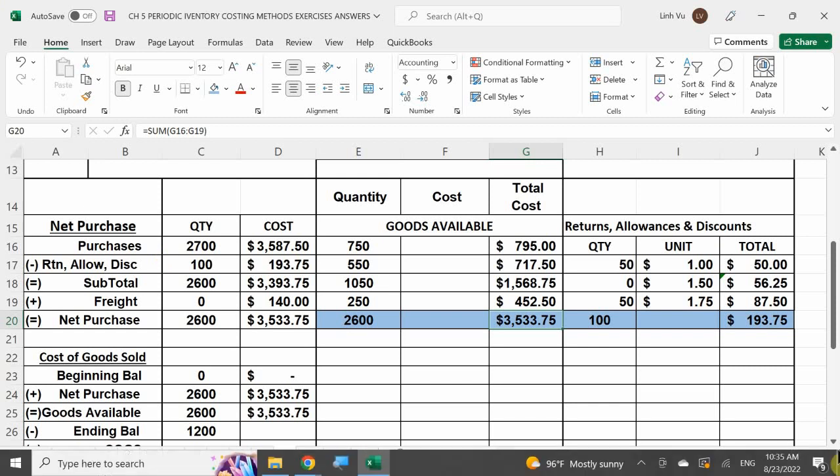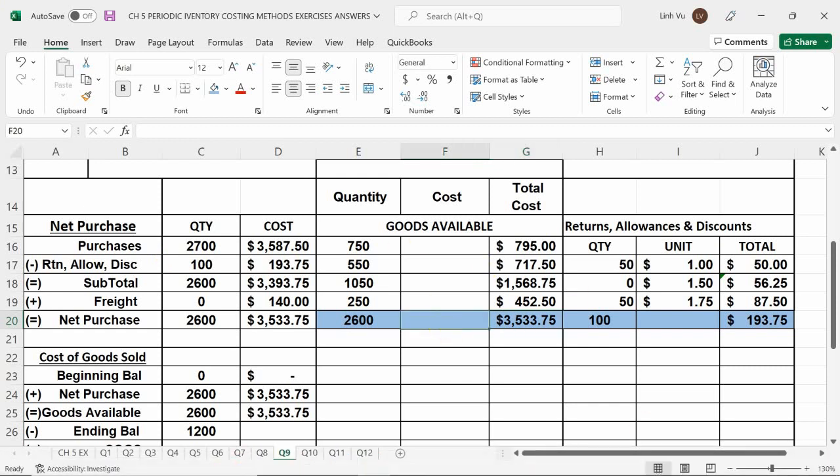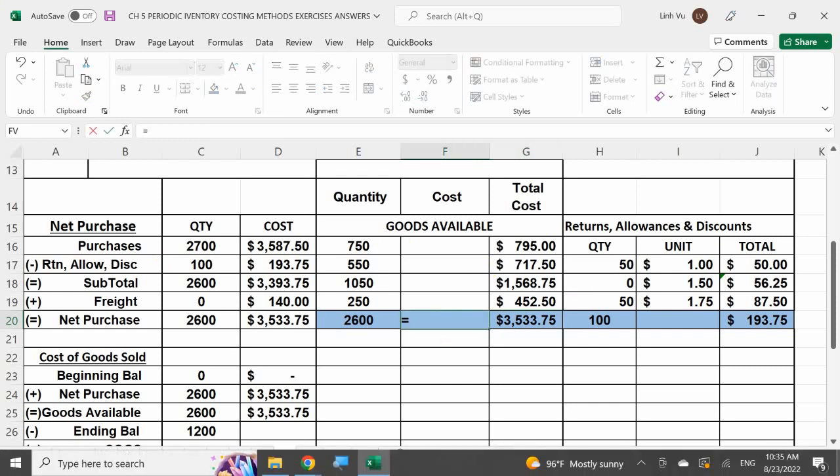So in this case, I am able to solve for my average cost per item now, because I have my total cost of $3,533.75 and I have my total quantity of 2,600. So therefore, I can solve for my average cost per item.